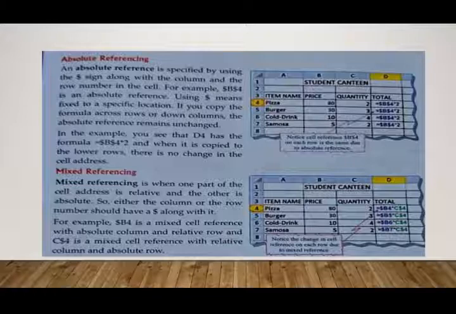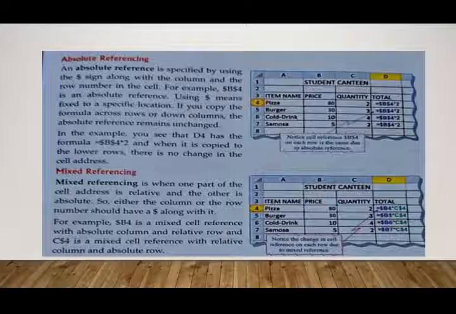And the next type is mixed referencing. Here one part of the cell address is relative and the other is absolute. That means either the column or the row part contains the dollar sign. See this example: $B4 is a mixed cell reference with an absolute column.